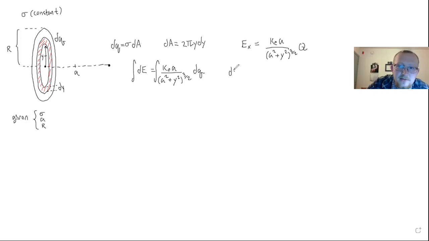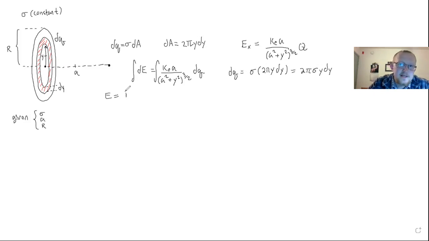Using the two substitutions above, we can write that dq equals sigma times 2 pi y dy, or rewriting it to look nicer, 2 pi sigma y dy. Now I'll substitute that in and pull out some constants. The integral of dE is just the total E field.